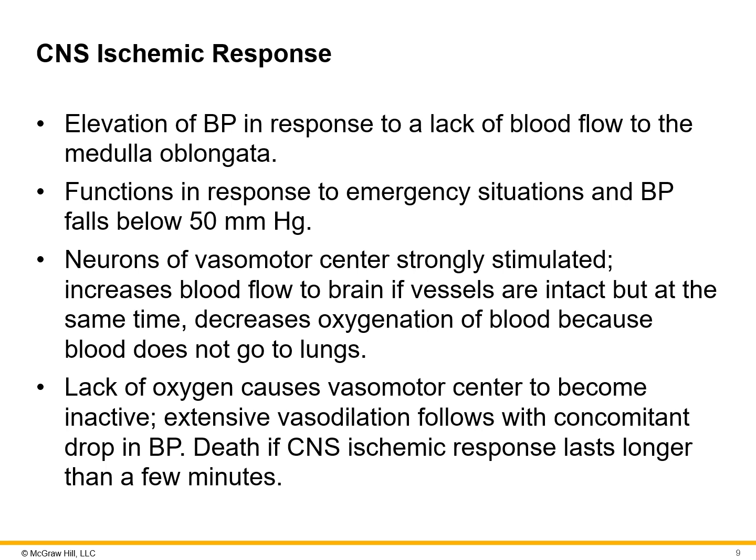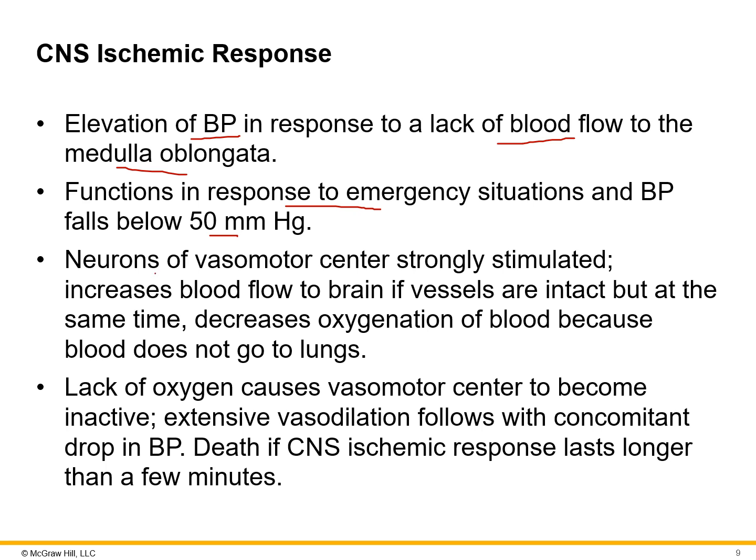All right, now the ischemic response, again, an elevation of the blood pressure. This is due to a lack of blood flow to the medulla oblongata. So a lack of oxygen to the brain sets off the CNS ischemic response. This functions in response to emergency situations where blood pressure drops below 50.